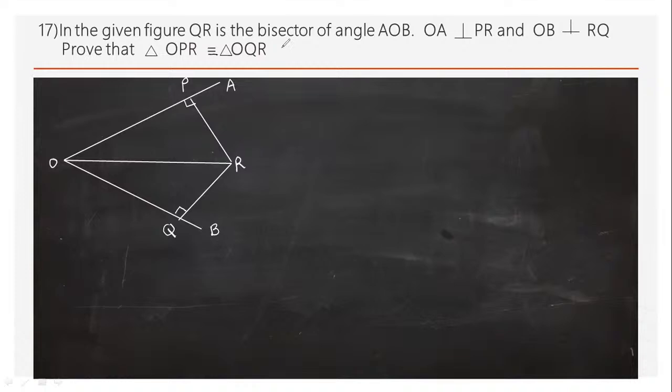This is saying QR is angle bisector. Sorry. In the given figure, QR is the bisector of angle AOB.